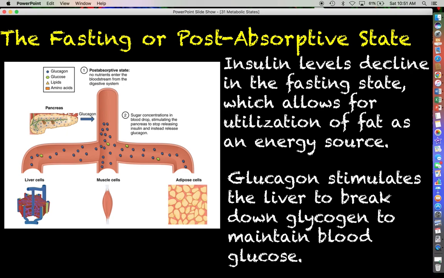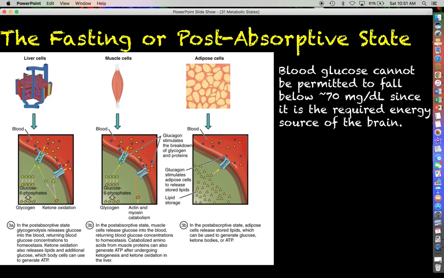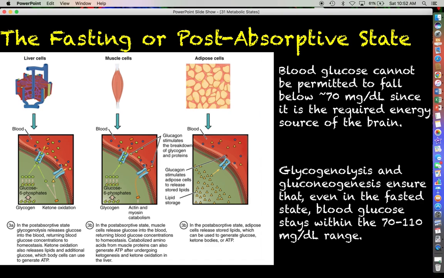So we always have to have a certain amount of glucose in the bloodstream to make sure that we're able to feed the brain. Glucagon is a big part of making sure that we always keep our blood glucose levels sufficiently high to feed the brain. Like I just said, blood glucose cannot be permitted to fall below about 70 milligrams per deciliter, since it is the required energy source of the brain.